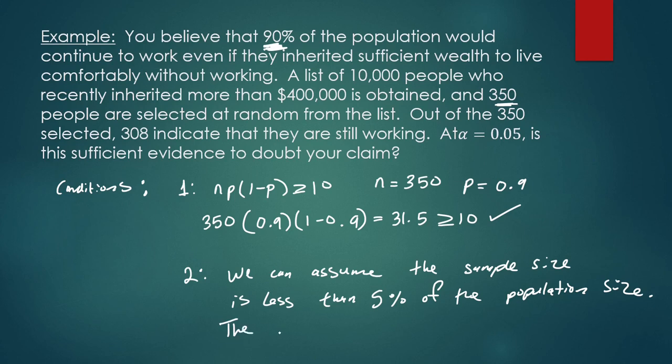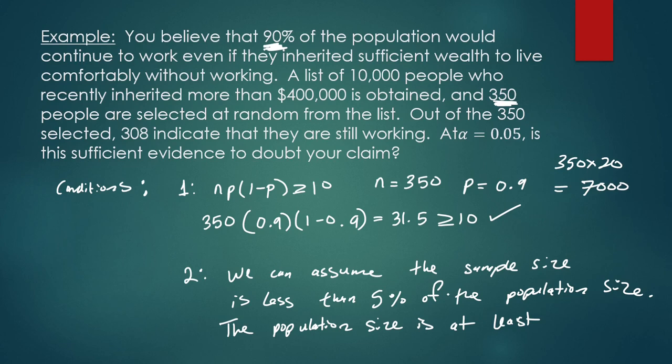The population size is at least, and we're going to take the sample size that we had and multiply that number by 20. So this results in 7,000. So we're going to say we can assume the sample size is less than 5% of the population size. The population size is at least 7,000. And condition 1 and condition 2 are met.